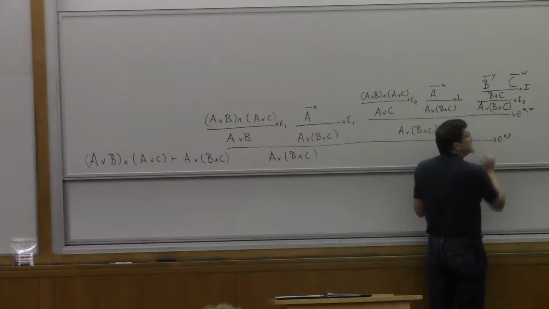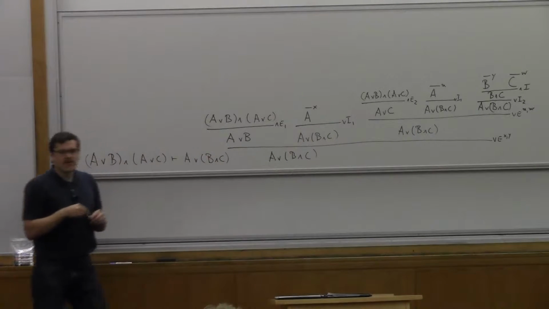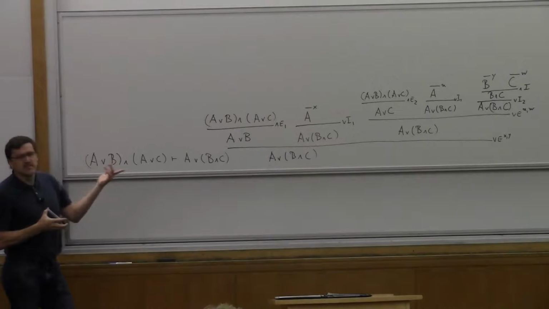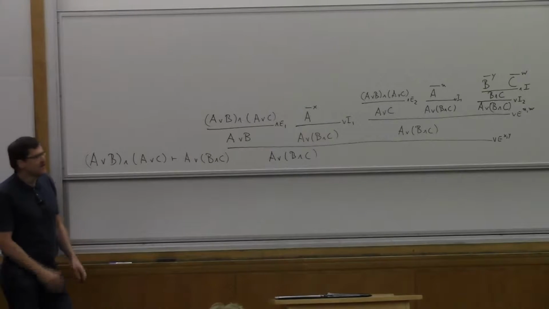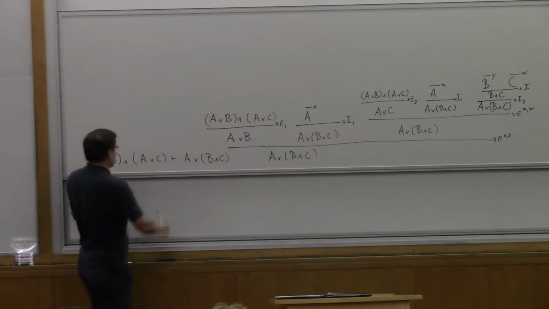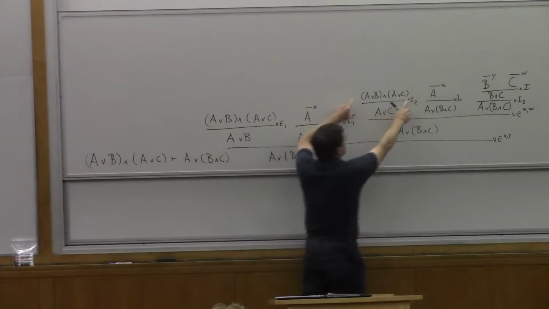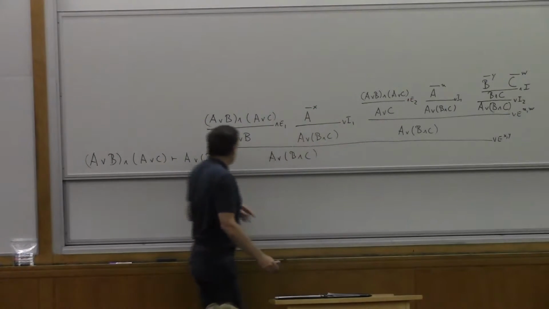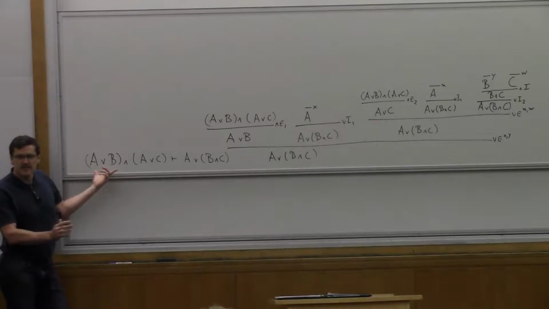So magically I put B exactly in the right spot. The whole trick of the game is to figure out where to put the assumptions. But when you're done, everything looks like a proof. So this is now a hypothetical proof that with this assumption here, you can prove that. And we use the assumption twice, which is not too surprising because the assumption is a conjunction, and usually when we have a conjunction, we need both pieces.